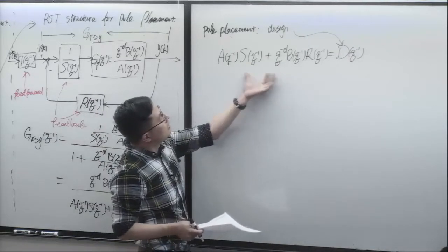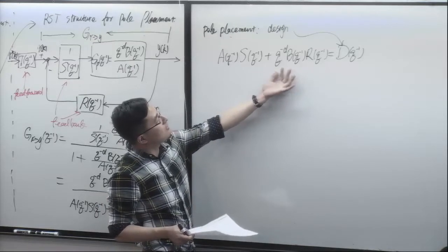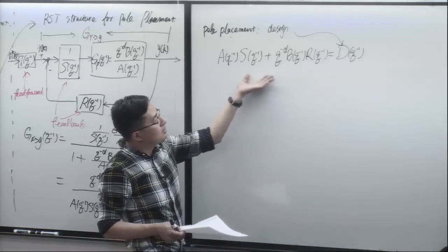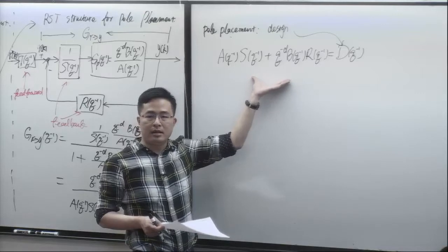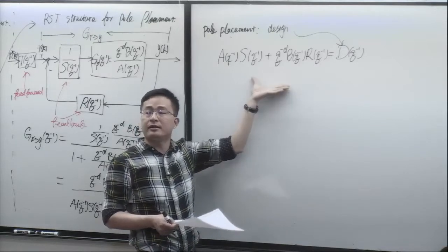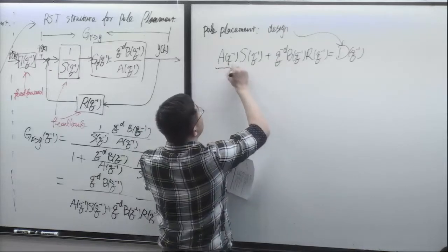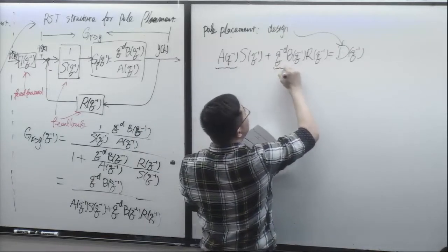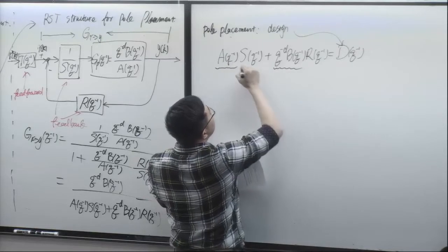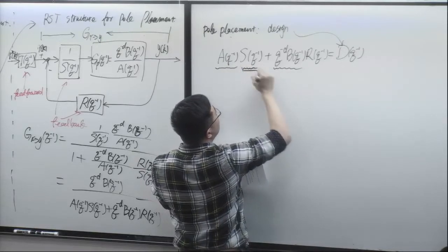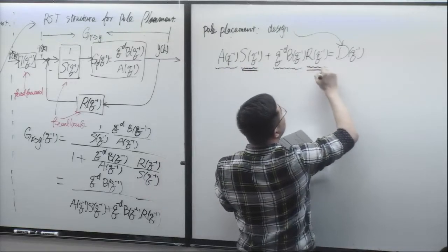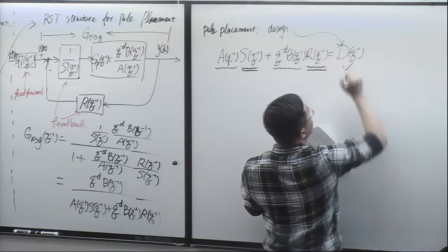I have a few more terms than what we have seen before, but in essence, this is a polynomial equation. This is a Diophantine equation, actually. So this is known. This is from the plant. This is what we need to design. This is what we assign.